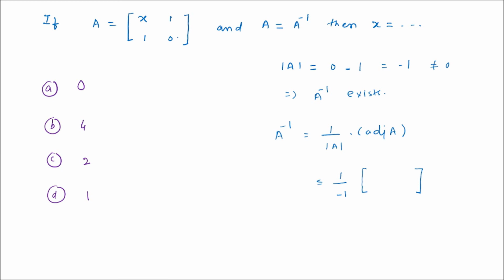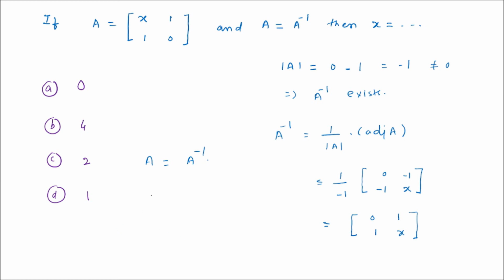We just have to interchange the diagonal elements 0, X, and change the signs of the other elements. It will be minus 1. So let us multiply it inside the bracket by 1 upon minus 1, which means minus 1. So multiply each element by minus 1: 0, 1, 1, X. Therefore, the given condition is A is equal to its inverse.